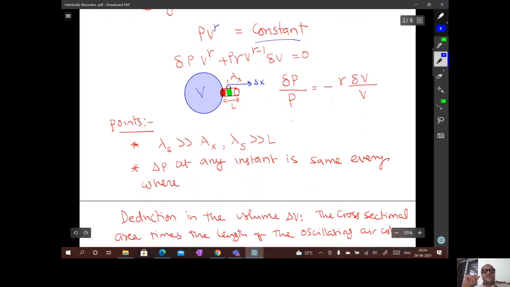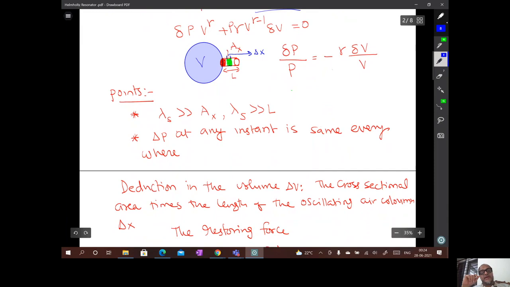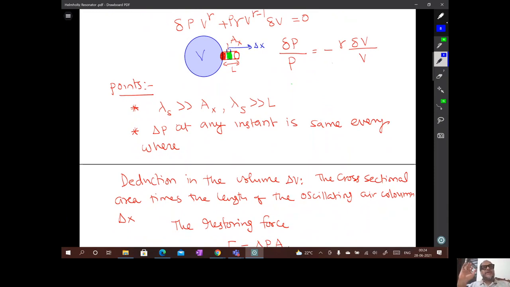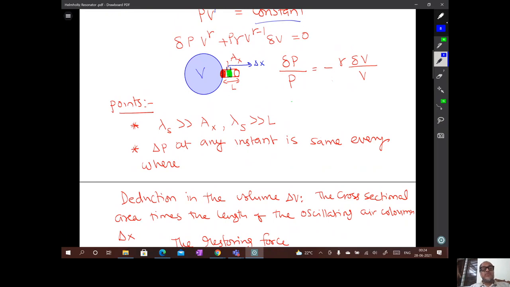Two, three things one has to take care of. This is a detail, but the wavelength of the sound, lambda s, should be much greater than A x. Obviously, in our case, it is true.